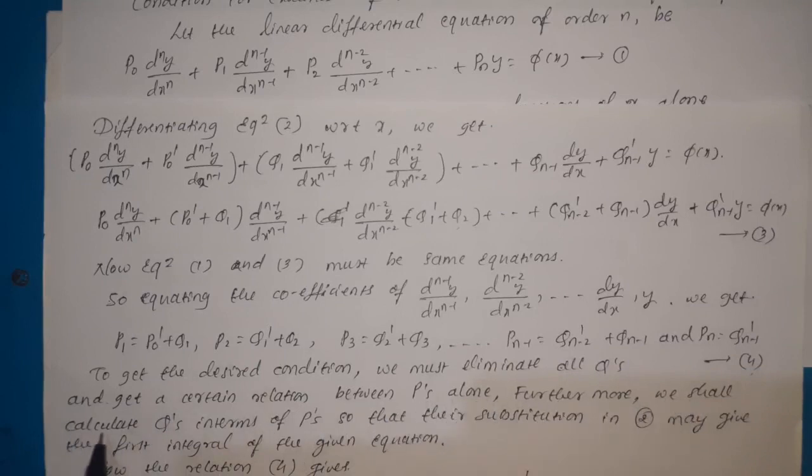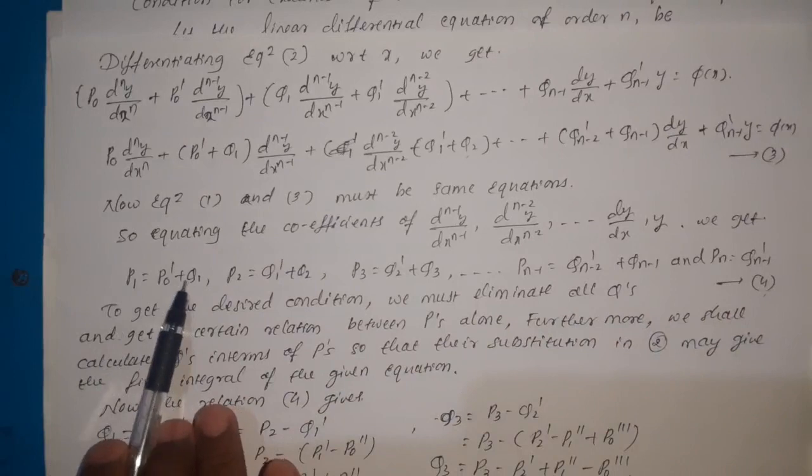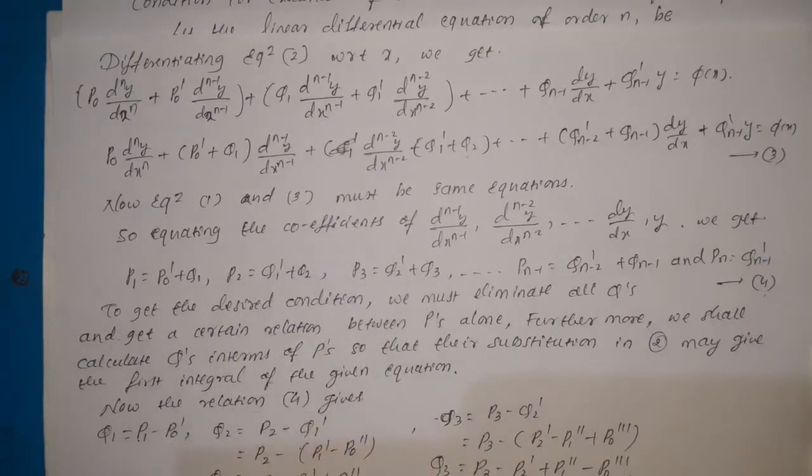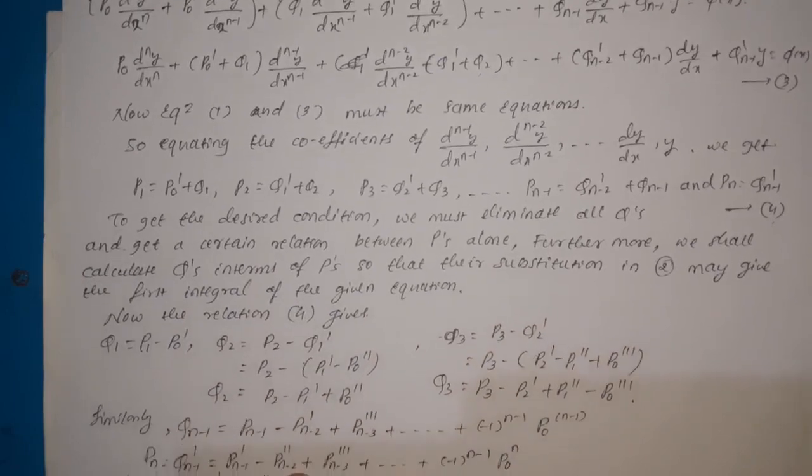Furthermore, we shall calculate q's in terms of p's, so that their substitution in equation 2 may give the first integral of the given equation. So here, by using equation 4, p1 equals this, and we have p2, p3, all the p terms, but they are not in the standard form, because all the relations must be in terms of p only. Therefore we are going to eliminate the q's from the system of equations 4.